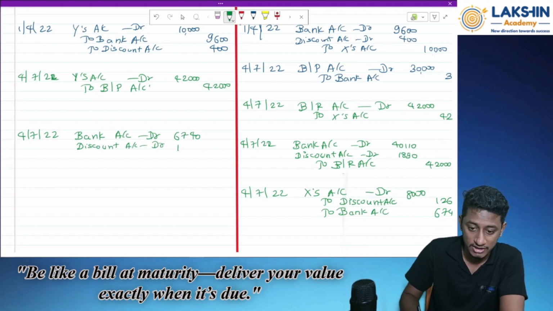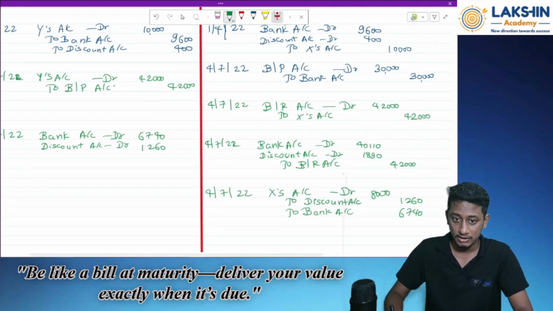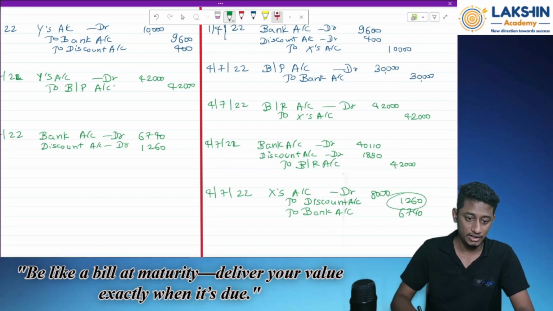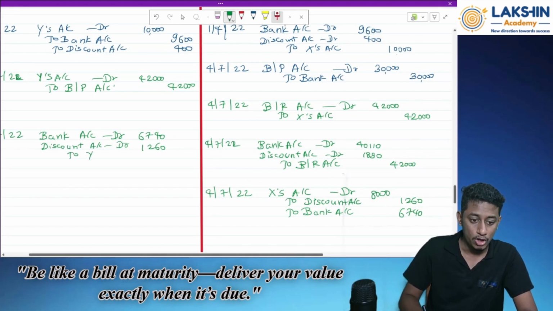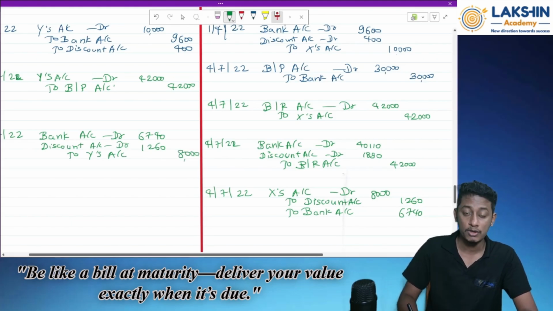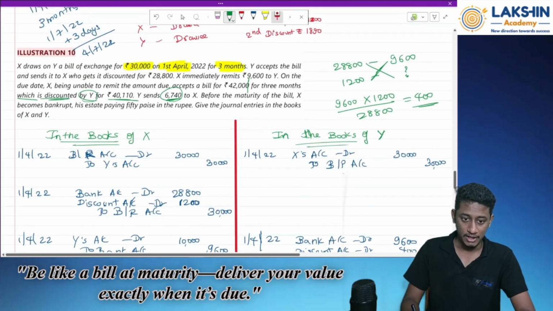How much is the discount received? 1,260. That we have computed already, right? Remember we have computed it over here. Yes? Okay. Now, to what? To Y's account. Because Y has remitted the amount, I am crediting his account to show a payable. Rupees 8,000. Okay, fine. Till here we are clear. Now, going ahead.